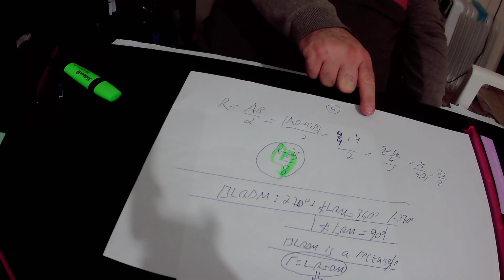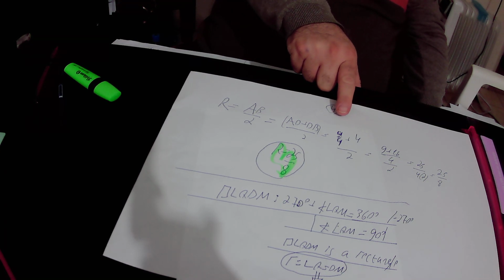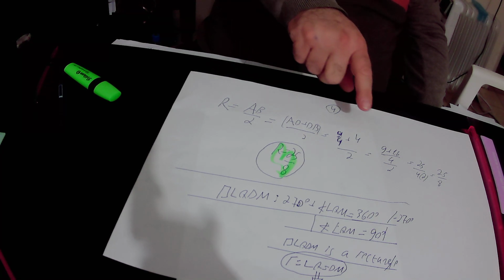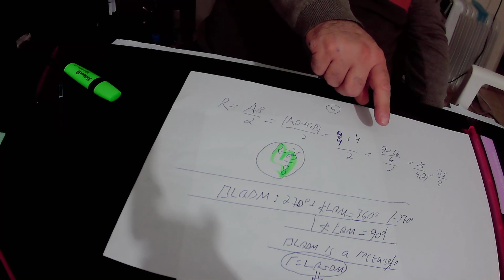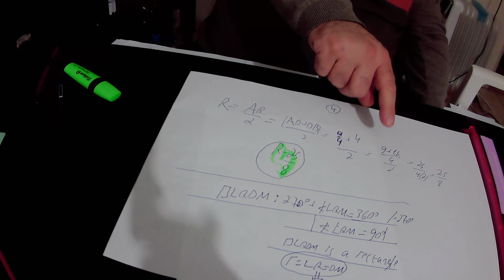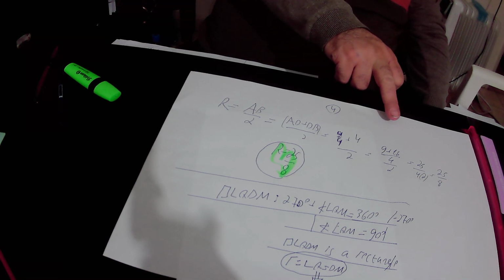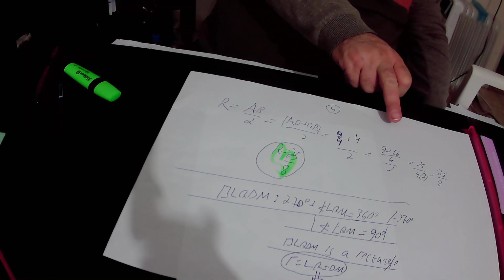Here we multiply 4 by 4 and divide it by 4 in order to have a common factor with 9 over 4. So 4 times 4 is 16, plus 9 is 25. In the denominator we have 4, and all divided by 2. So we have 9 plus 16 is 25 over 4.